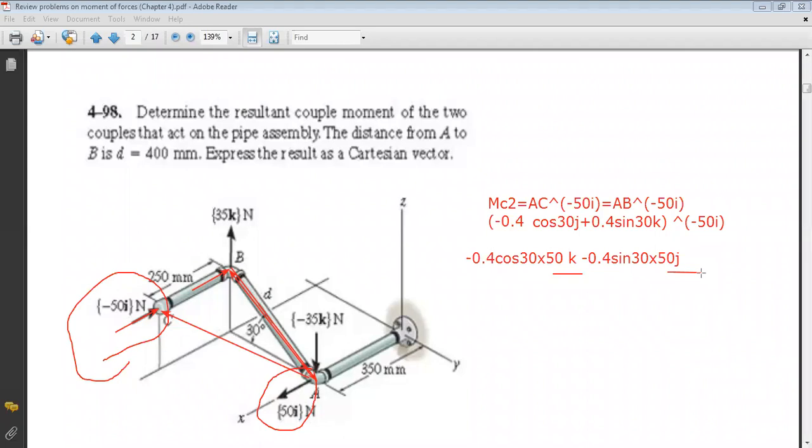It's a little bit more complex because here I have components about several axes.